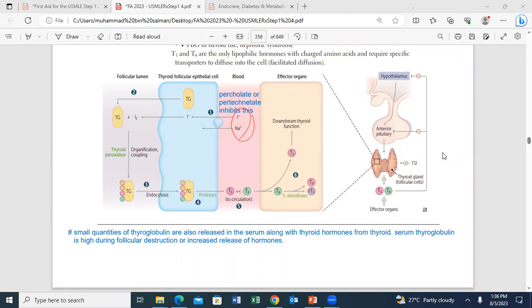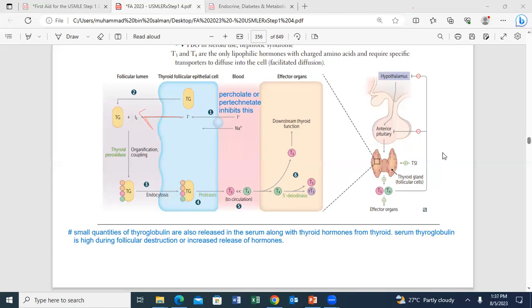This transporter can be competitively inhibited by other ions such as perchlorate and pertechnetate. These are the inhibitors for iodine absorption, and so they are also inhibitors for the production of thyroid hormones. Once iodine is absorbed, it is converted into I2.